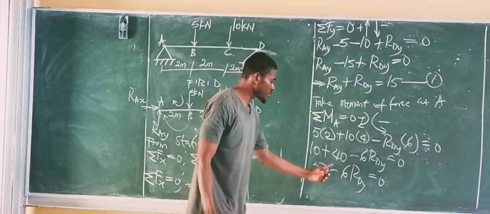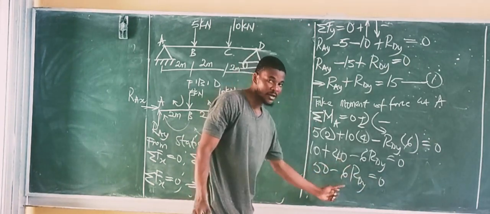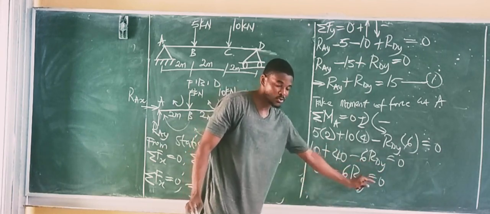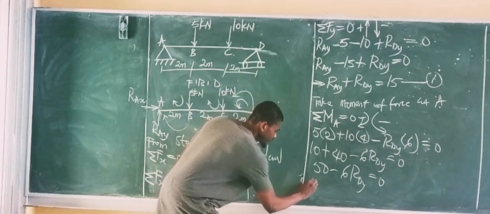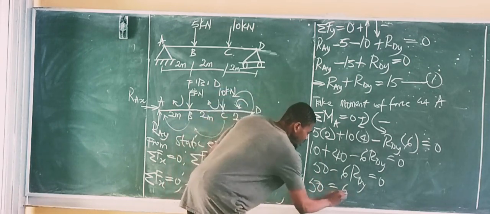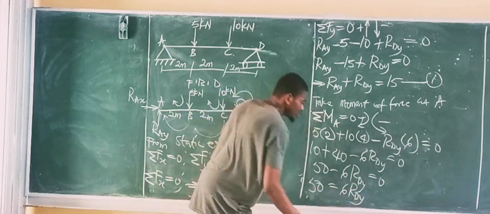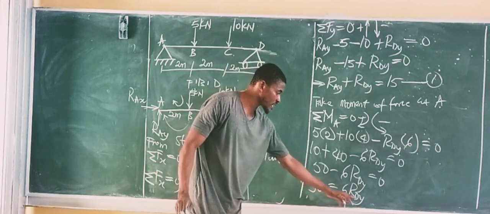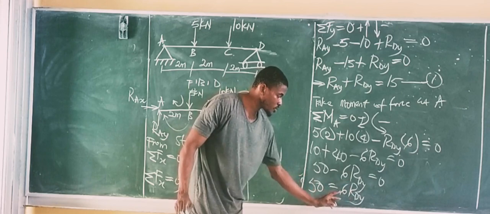So we can now send minus 6 RDY over to the other side of the equation. Negative sign plus an equal sign becomes positive. So we have that 50 is equal to 6 RDY. We make RDY the subject by dividing both sides by the coefficient of RDY, which is 6.